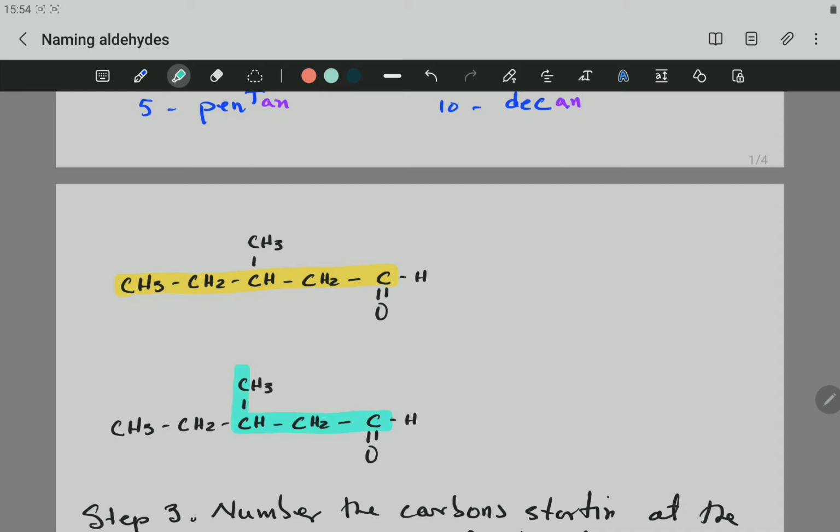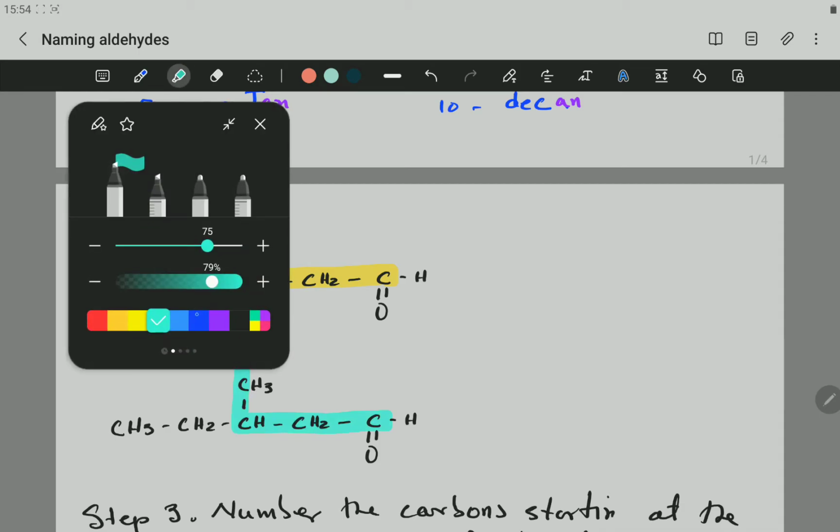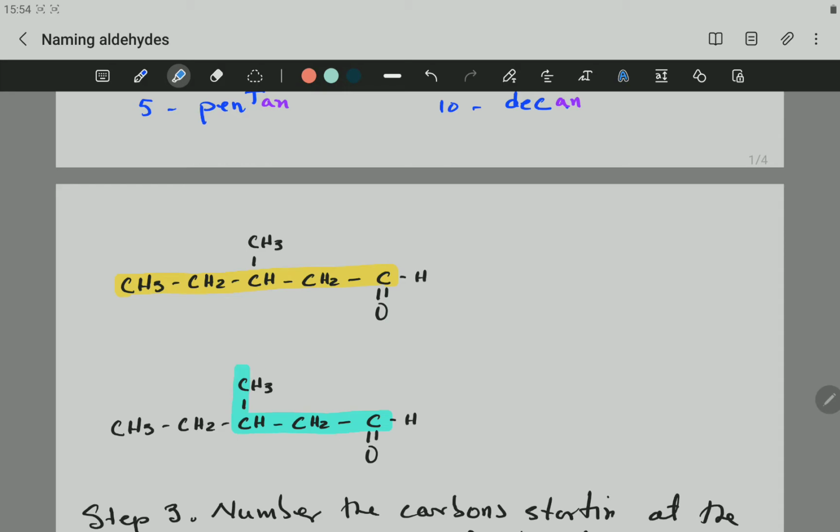Note, you cannot go the way back, because the functional group must be part of the chain that you are selecting. In the first one we have 1, 2, 3, 4, 5 carbons, and therefore it is going to be pentane. Remember the an. In the second one we have 1, 2, 3, 4 carbons. So it's shorter, and then we take the first option.